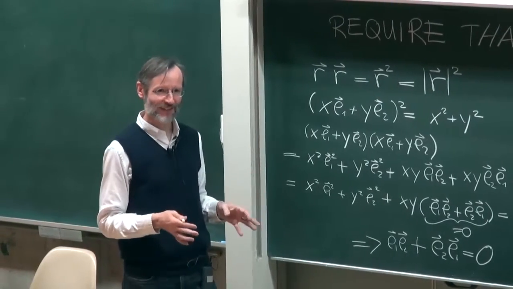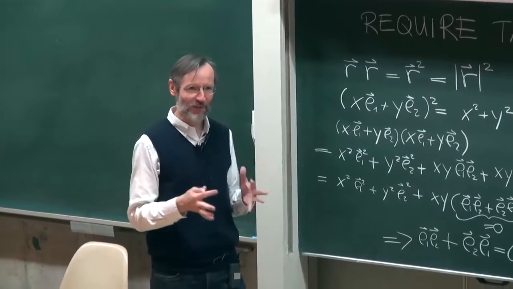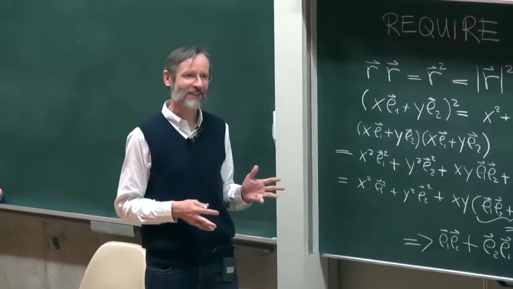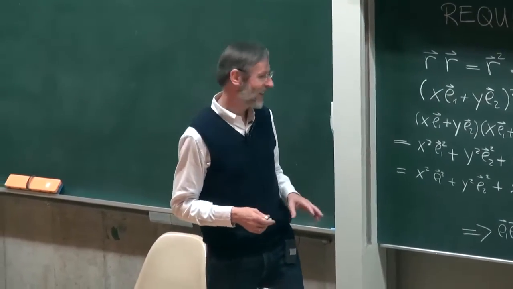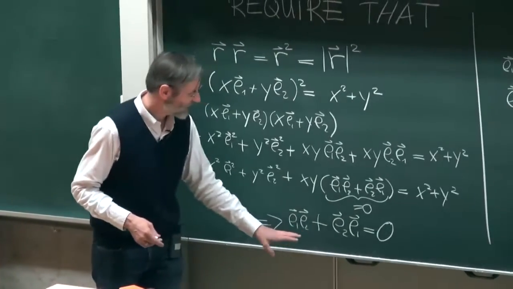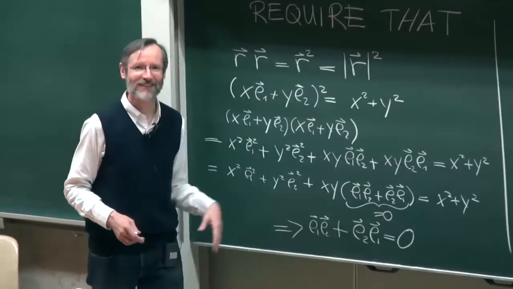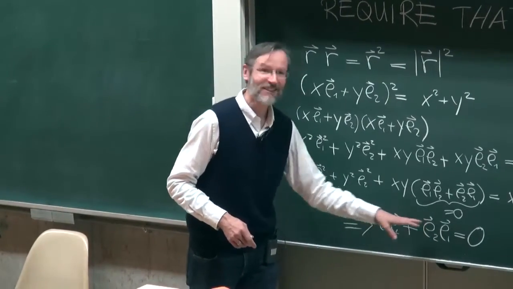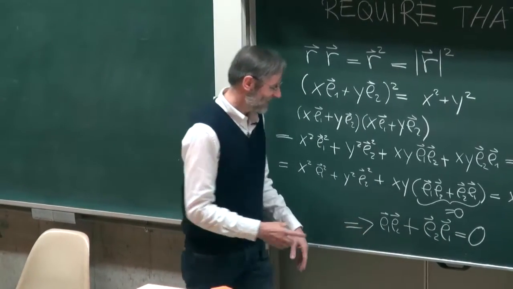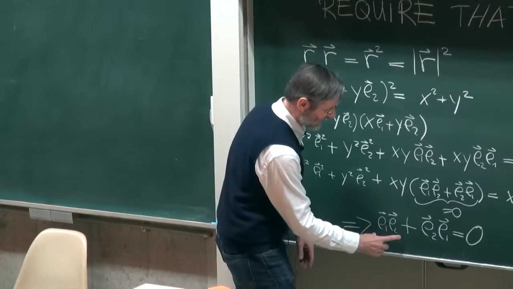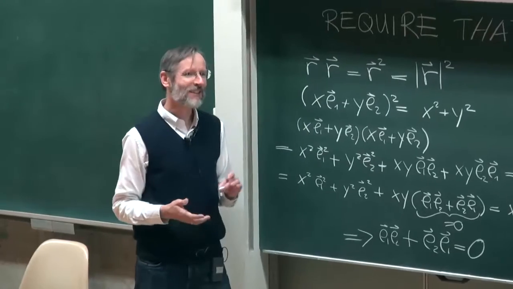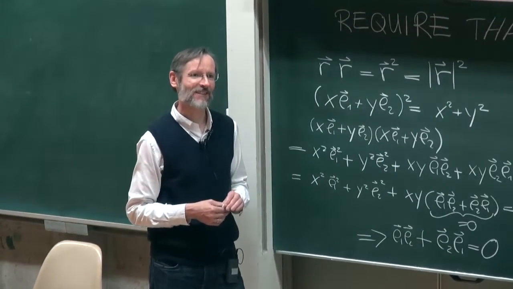So what can save us out of this dilemma of having a quantity which appears but shouldn't be there, we can only say that this combination must be 0. And if the combination is 0, then the first part must be minus the second part. Only then it can work.